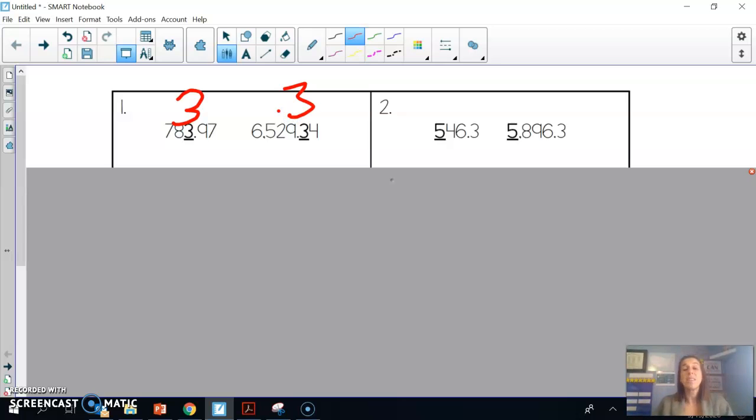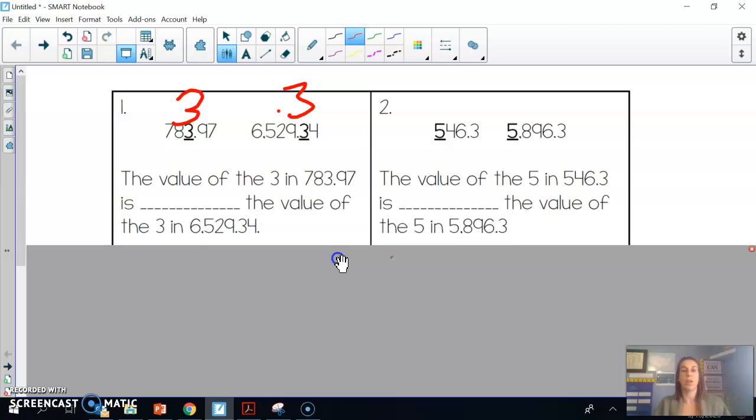Now, when it's asking you to make a comparison statement, it's asking you, how does one of these 3s compare to the value of the other 3? Is it 10 times the amount, or is it 1/10 of the amount? So let's look at the first question right here.